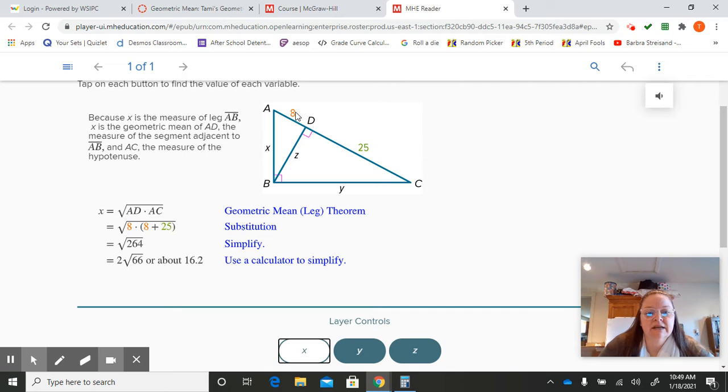So we can say that 8 is to X as X is to AC, and AC is 8 plus 25.